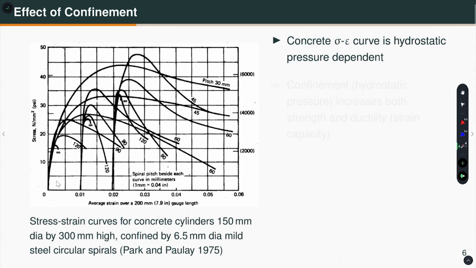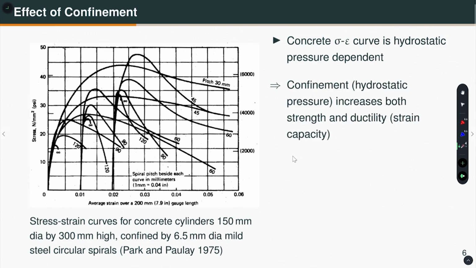The same thing happens for this grade of concrete as well as this grade of concrete, right. So, therefore, the behavior of concrete depends very much on the confining pressure, and when we create models, we should keep this in mind. Okay. So, that is what I have summarized, that the confinement or hydrostatic pressure increases both strength and ductility, or the strain capacity, of concrete material.